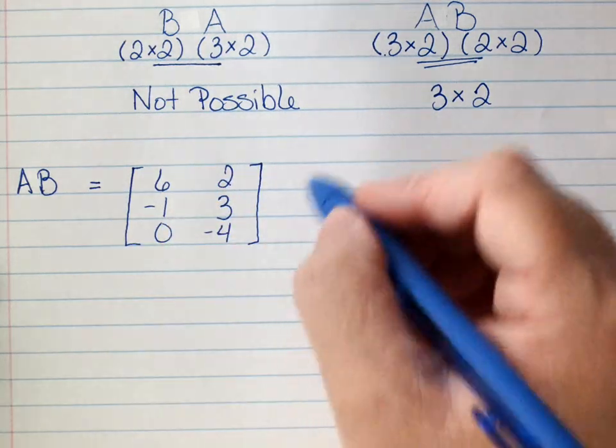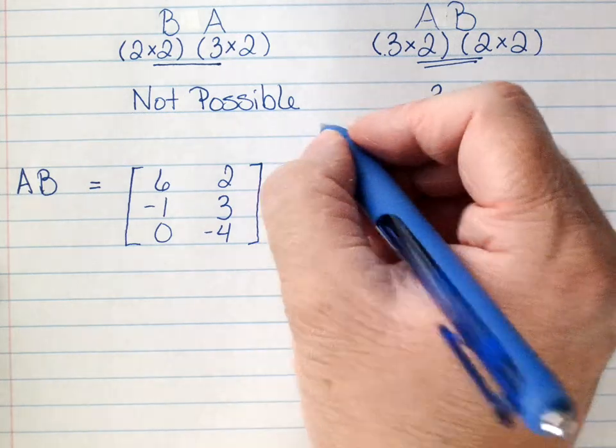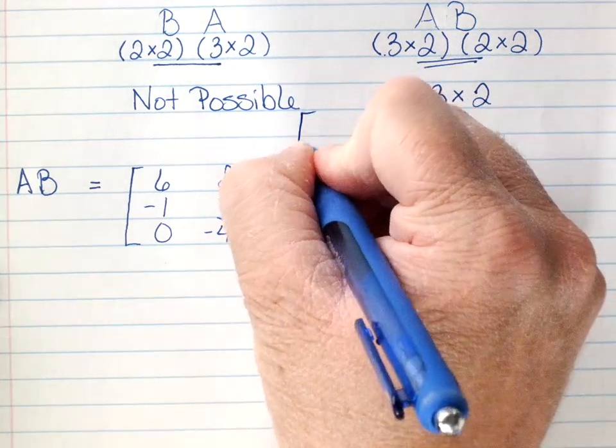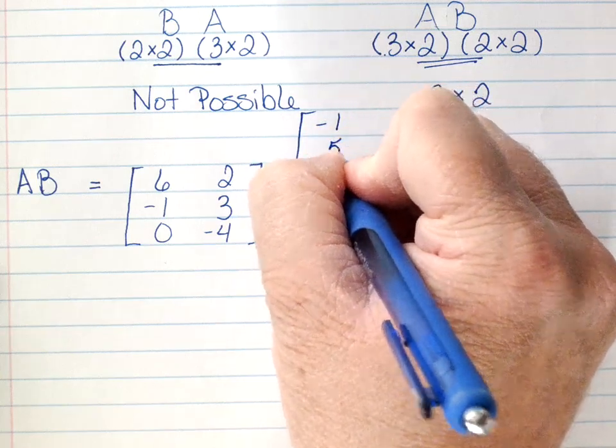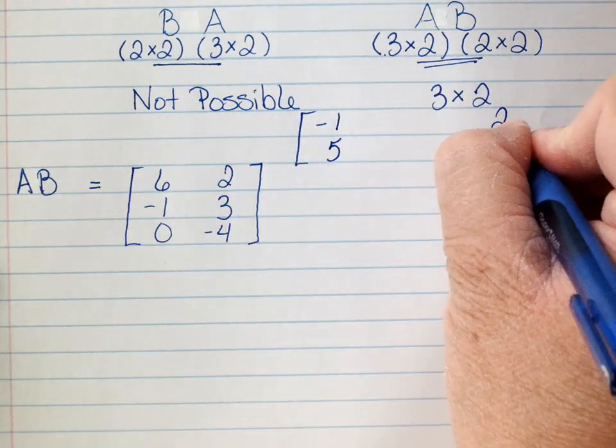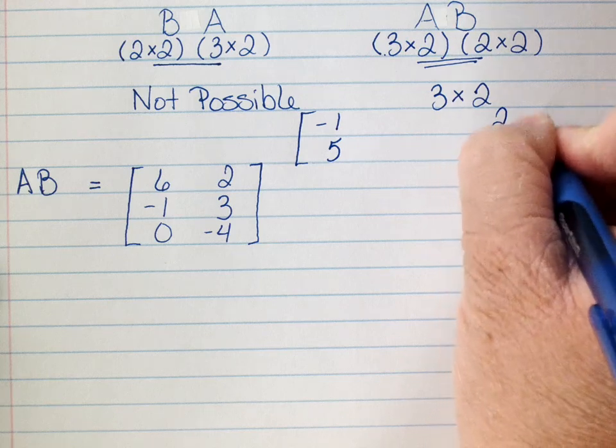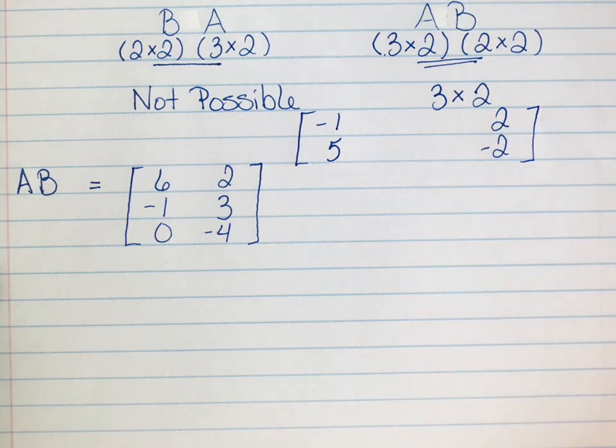Matrix B, you'll notice I left some space up here. That's where I'm going to be putting matrix B. That's going to be negative 1, 5, and space over 2, negative 2. Now, why am I leaving this huge space? Because it makes everything line up better.